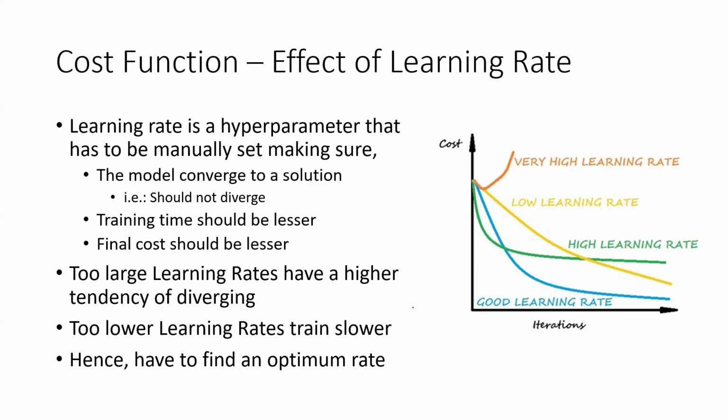So how to select that particular number, right? 0.01 is a good value, generally used by most of the people, but when you have the opportunity to change it, actually you may have to run it several times to find a good value for the learning rate, right?